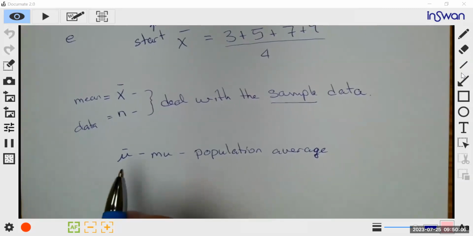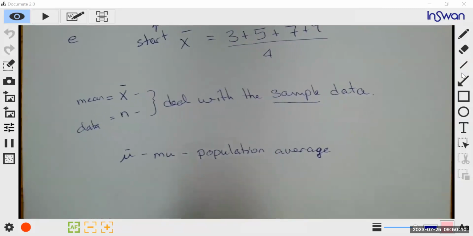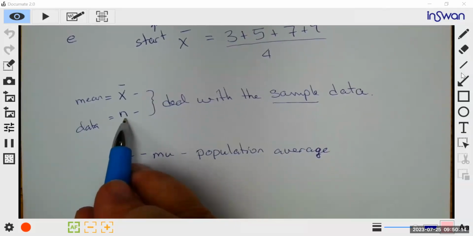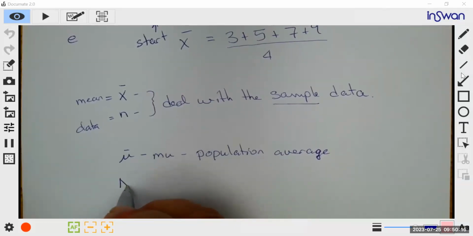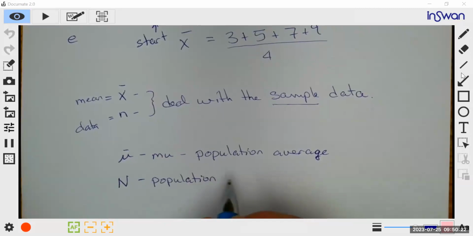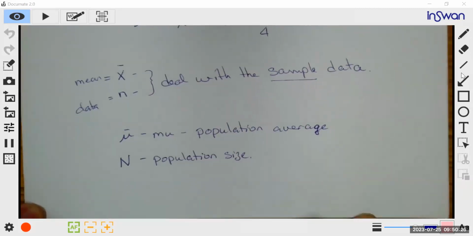That's read as mu. So now when we calculate the mu, because it is of the population, we cannot use little n. So what do you think we use? Then we use population size.